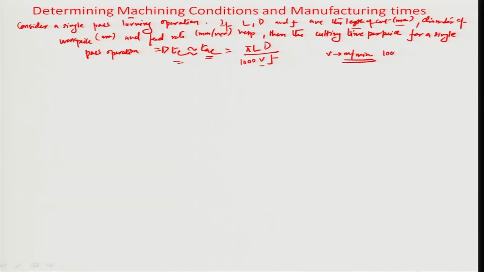So, we can always have this equal to 1000 millimeter per minute, and F is basically the feed rate, which is millimeters per revolution.